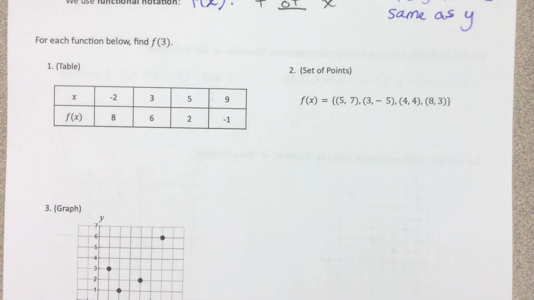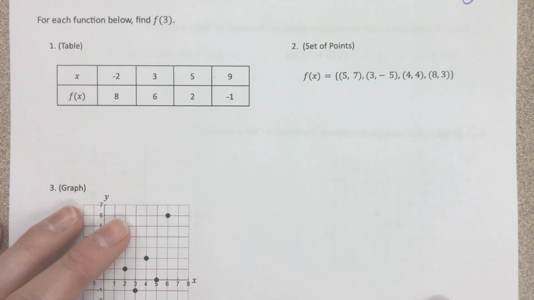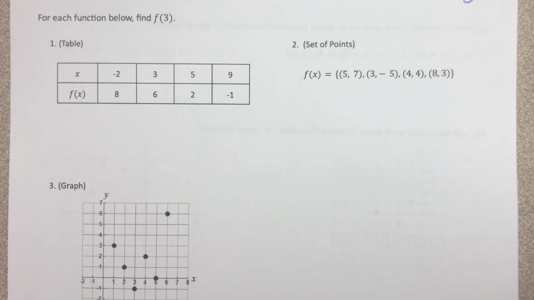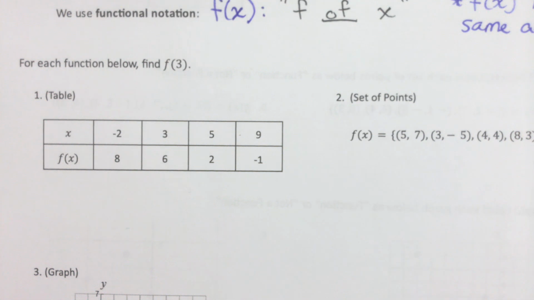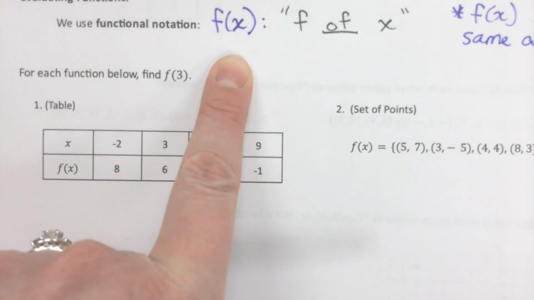For these next 3 problems, we're going to be answering the same question on all 3, but it's with a different representation. For each function below, find f of 3. So let's start with the table. And the question f of 3, notice that it's originally f of x.